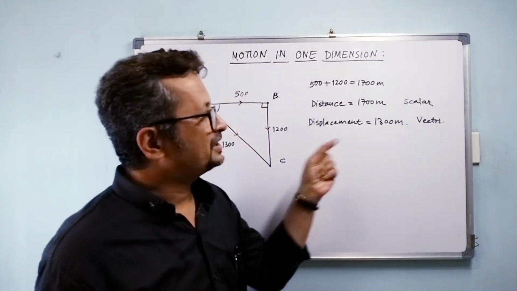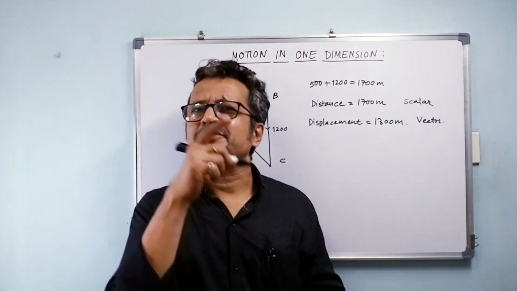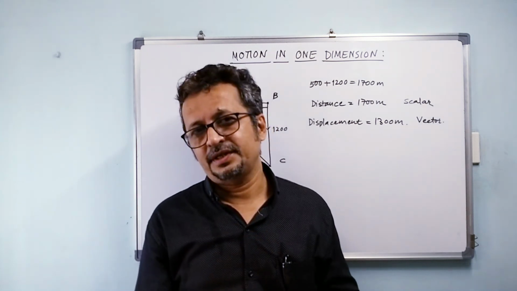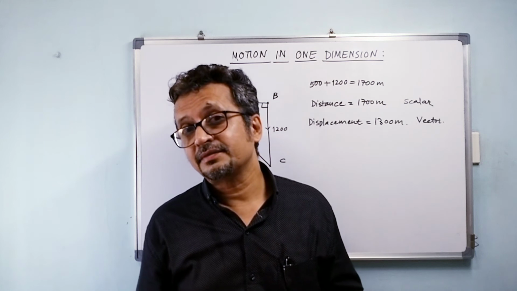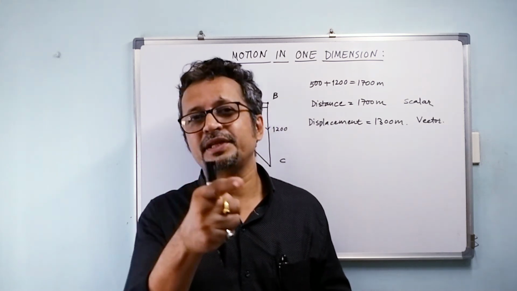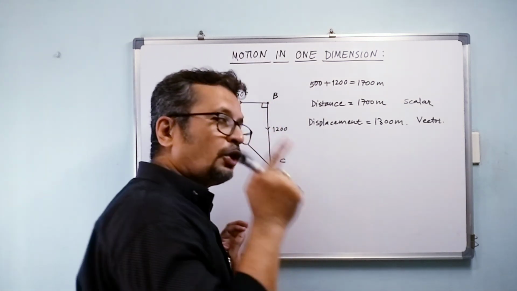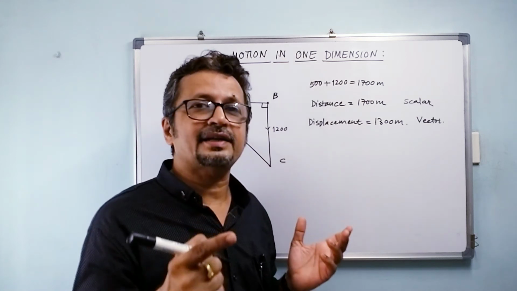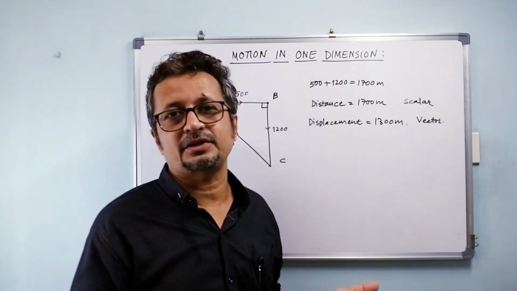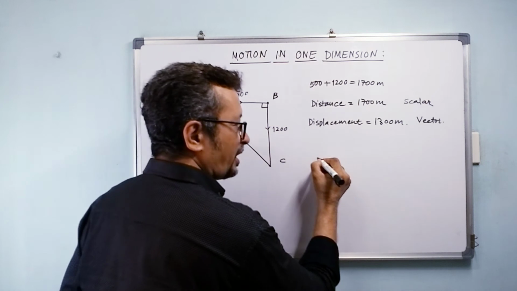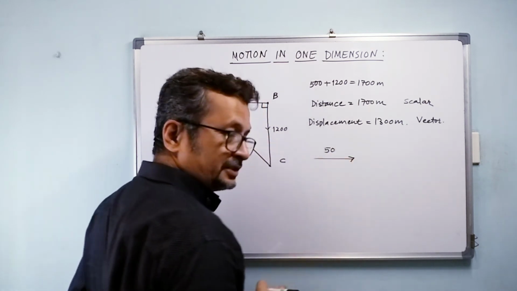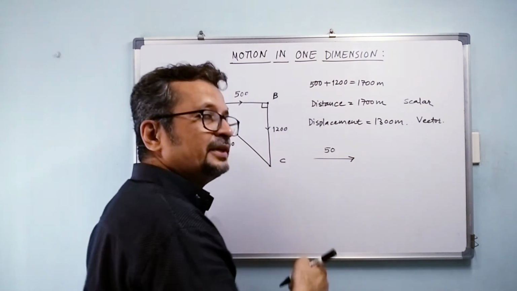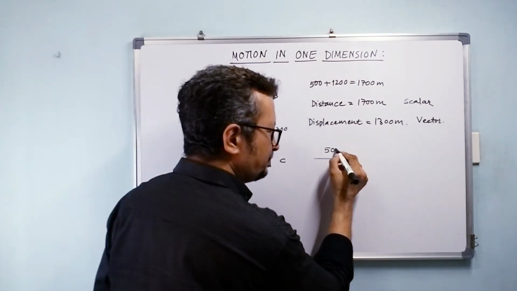What about displacement? Can it be positive? Yes. Can it be 0? Yes. Can it be negative? Yes, it can be negative, because when I'm talking about vectors, a vector can have a positive as well as a negative value. I'm traveling in this direction. Let us say I travel 50 meter towards right. My displacement is plus 50 meter.